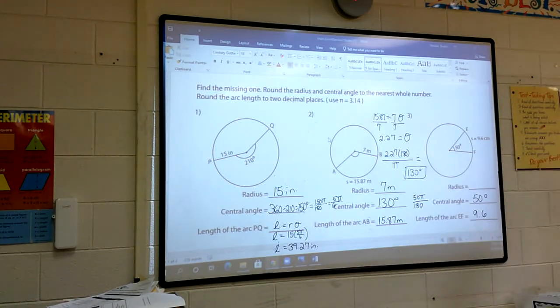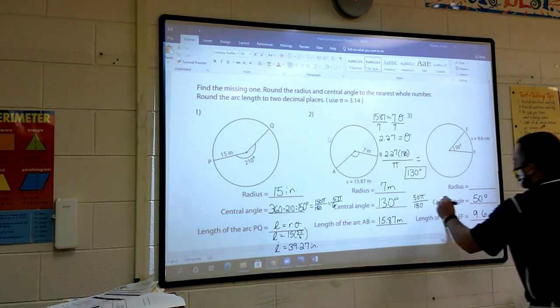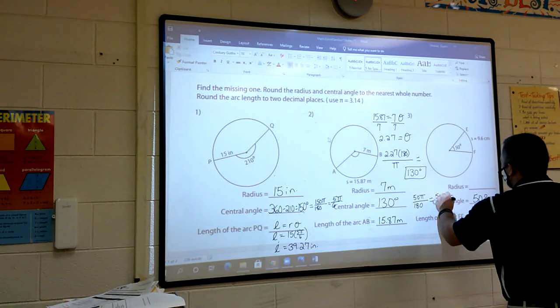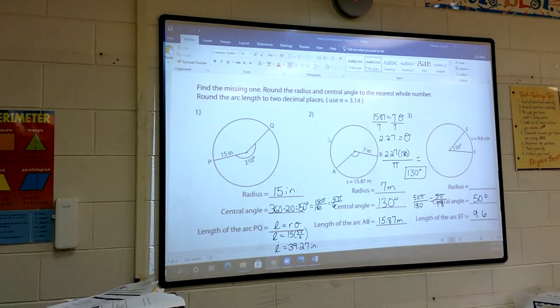So how can you reduce the fraction 50 over 180? 5 over 18. Okay, and can you reduce that? You can. Okay, so 5 pi over 18 is your central angle. It's 50 degrees, but that's 5 pi over 18.